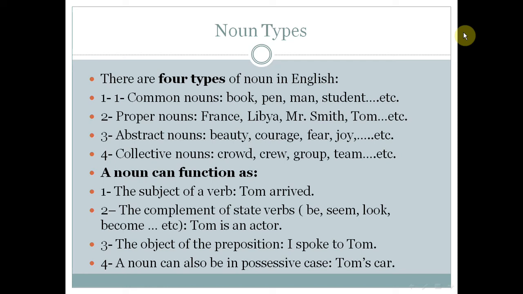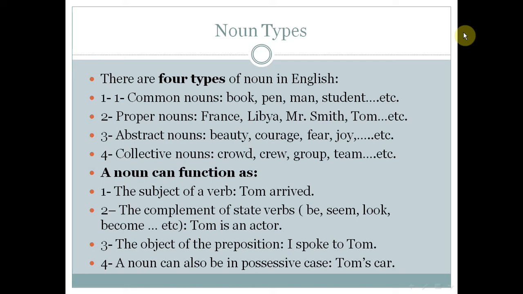So again, the 4 types of nouns are common nouns, proper nouns, abstract nouns, and collective nouns.